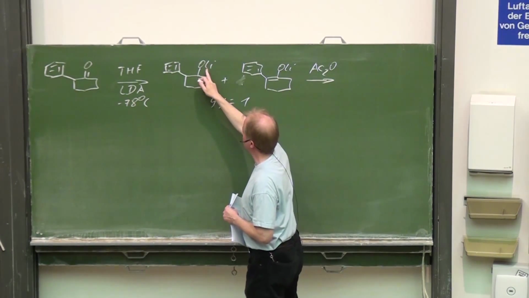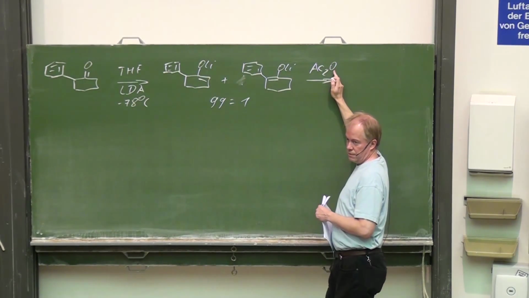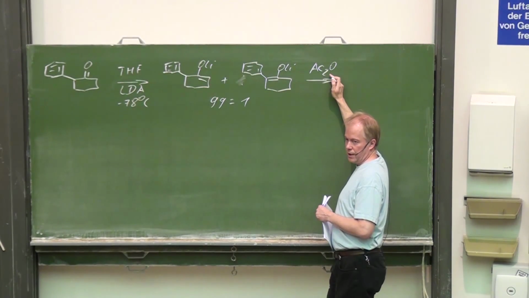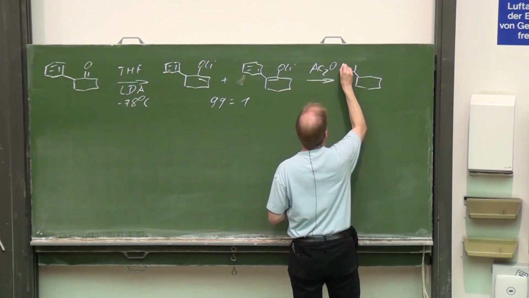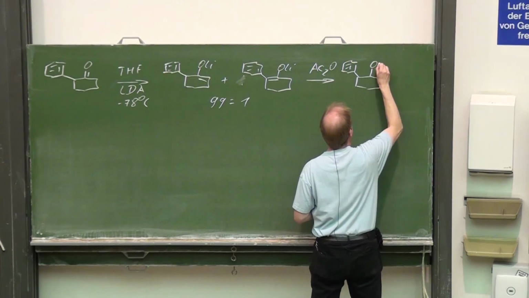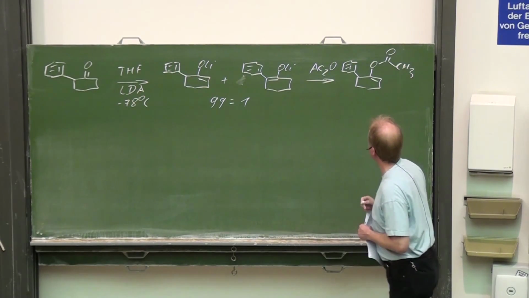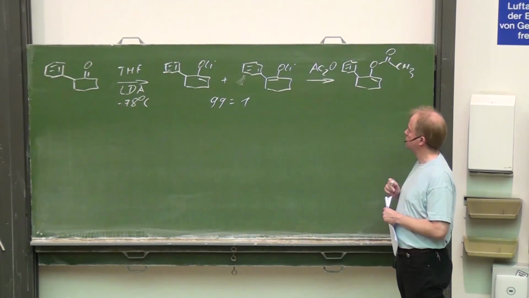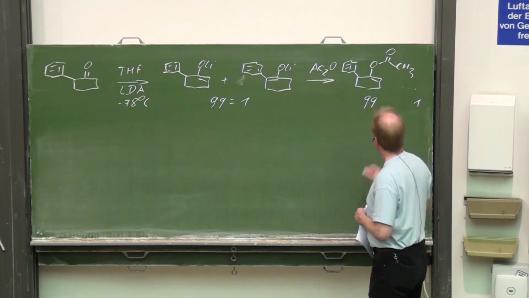The enolate attacks as a nucleophile at the carbonyl group of acetic anhydride, in a simple addition-elimination process, which leads us to the enol ester. 99 to 1.